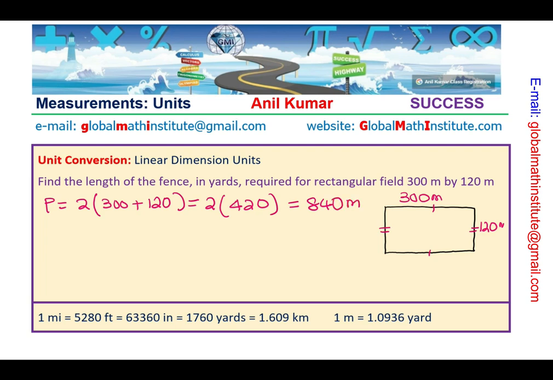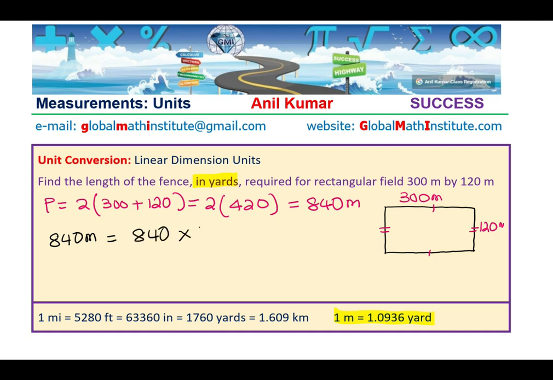Now we need to convert this unit of length to yards. And we have given you the conversion factors right there. So have a good look at it. 1 meter is 1.0936 yards. It's a linear unit. So we'll convert this. So 840 meters will be equal to, we'll multiply by this conversion factor 1.0936. So 840 into 1.0936 and we get yards.